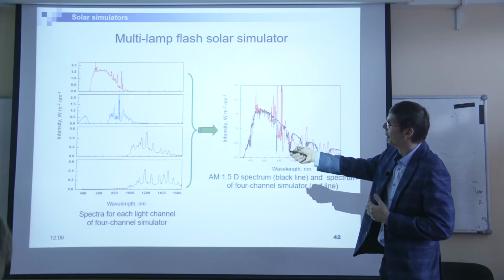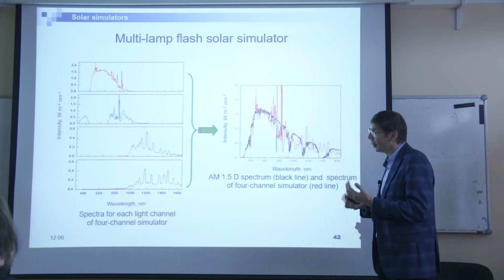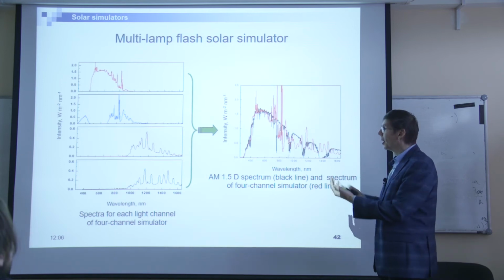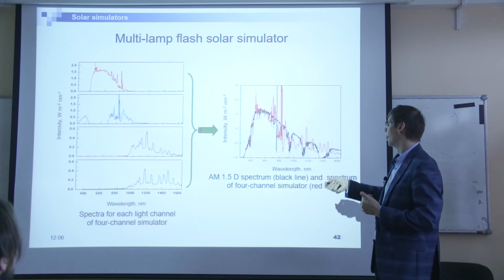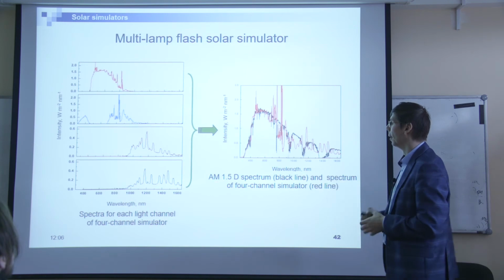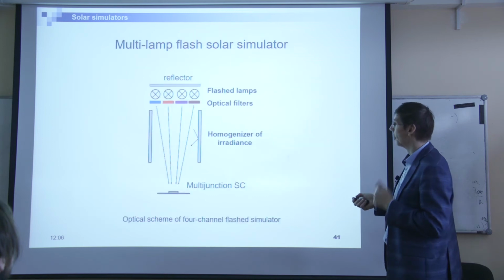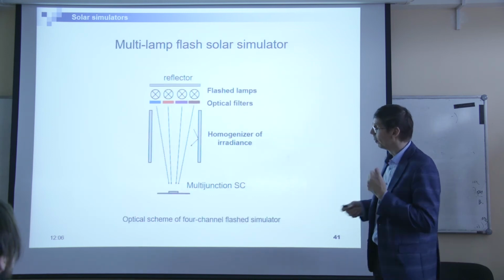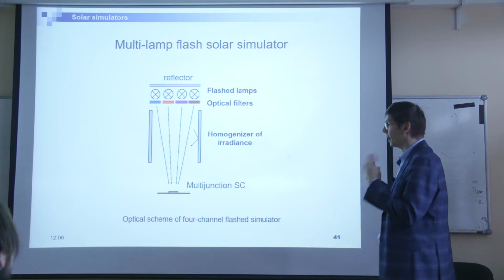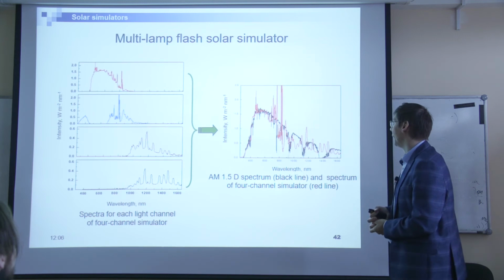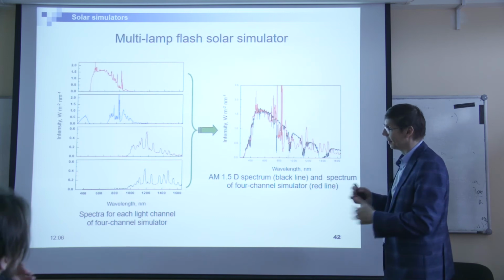So you can see the idea. Normally you have a similar source of light. I mean, you have a xenon lamp, but you can adjust the spectrum a little bit to get, for example, here a 1.5D spectrum, and D is because it's for a concentrated multi-junction solar cell, so normally you need D. Again, I will describe this approach.